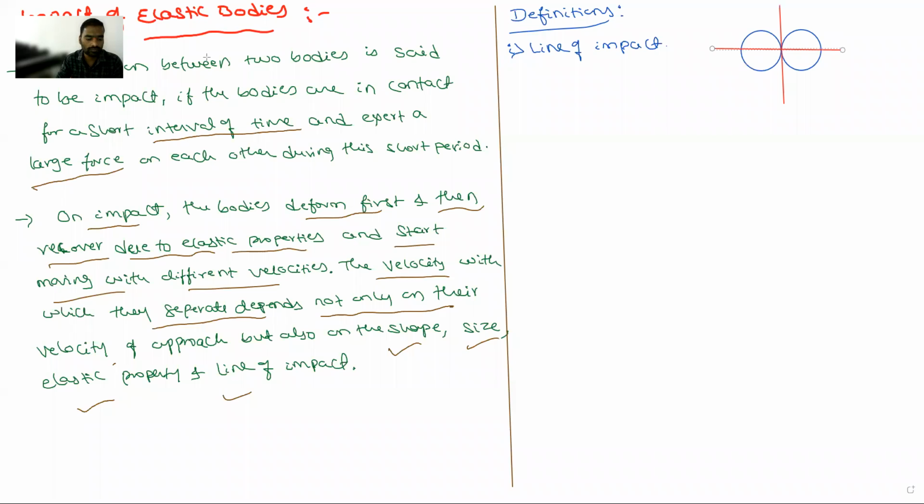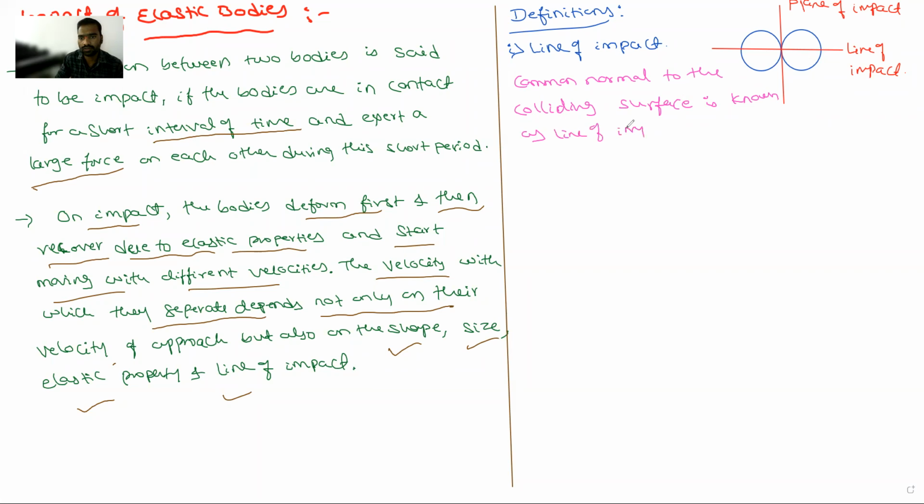The definition of line of impact: the common normal to the colliding surface is known as the line of impact.